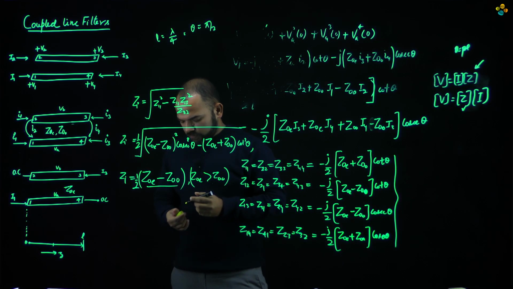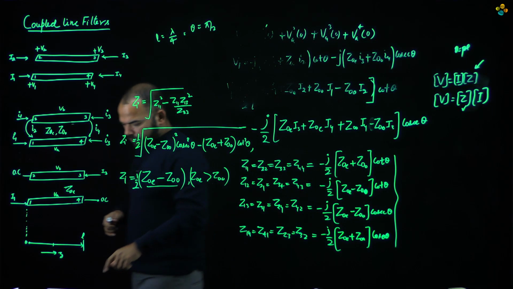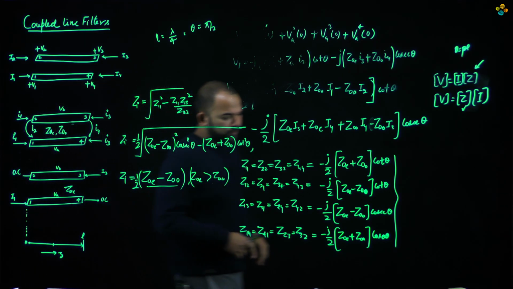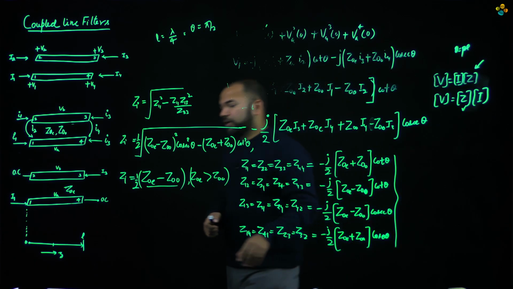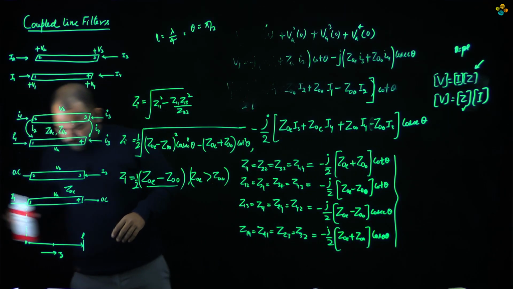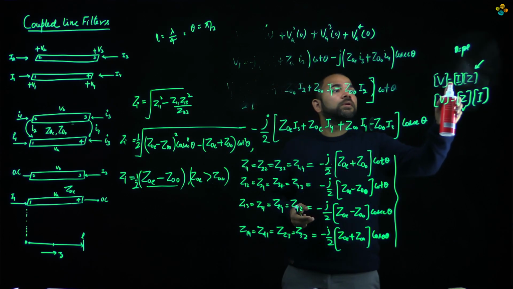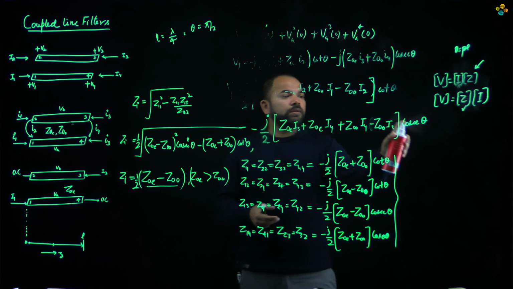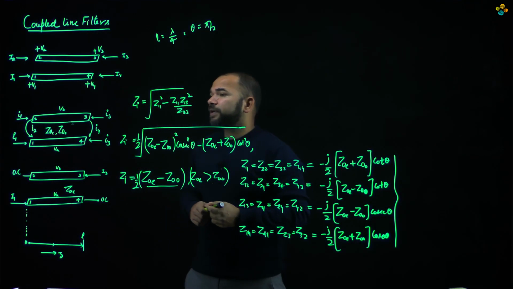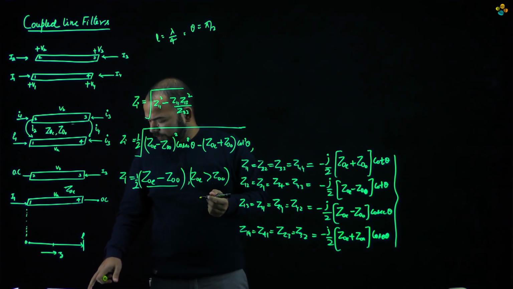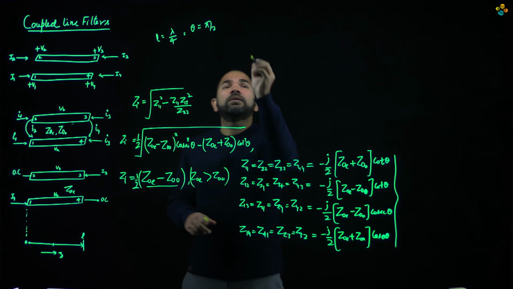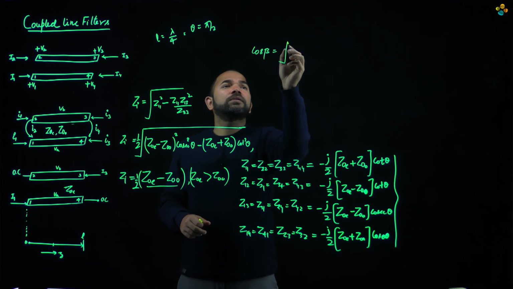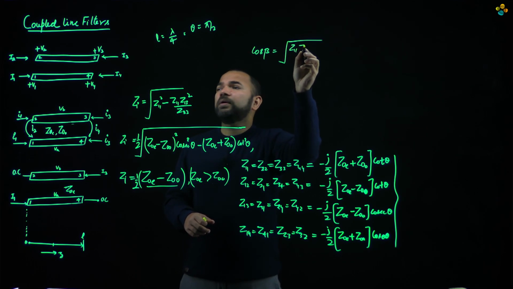Okay, now we'll calculate the propagation constant. With the image impedance parameters, we know the expression of the propagation constant, so we'll calculate it for this filter. The propagation constant, cos of beta, is defined in the image impedance method.